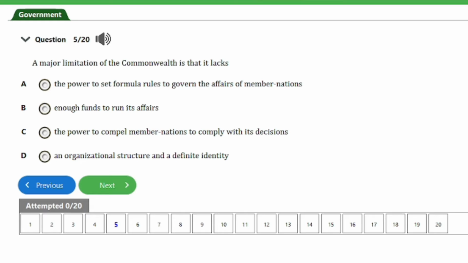So guys, the answer to this question is option C here, the power to compel member nations to comply with its decisions. And that's it for this question. Let's head on to the next question, guys.